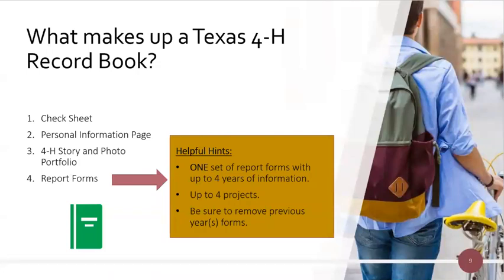And so you can also, within that record book, put up to 4 different projects. We're going to talk about how we incorporate those different projects and how those are shown and showcased in the record book.